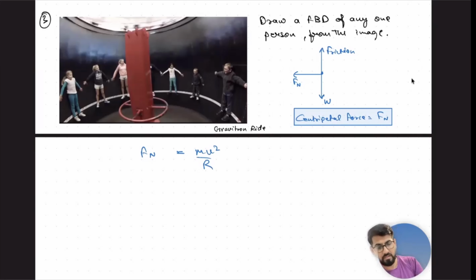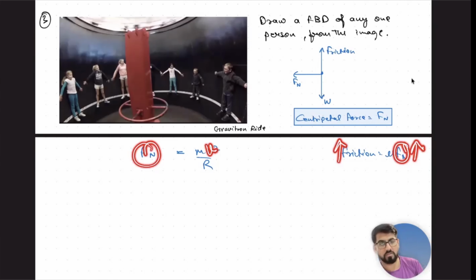So we need more normal force to increase the friction. Because friction is what? Friction is mu times Fn. So friction will only increase if normal force increases, and normal force depends on the speed because m is constant, r is constant.